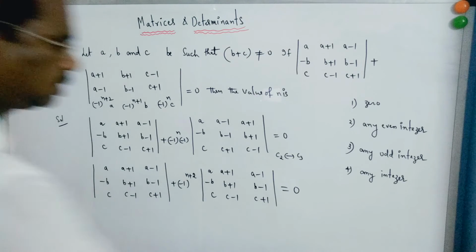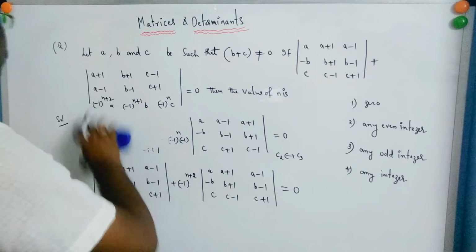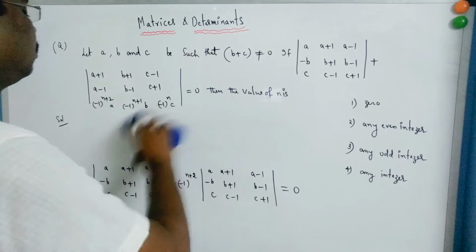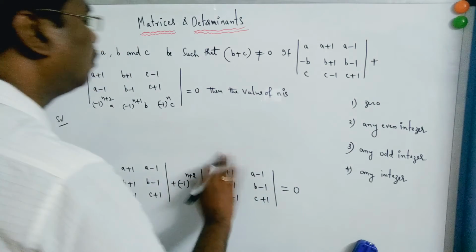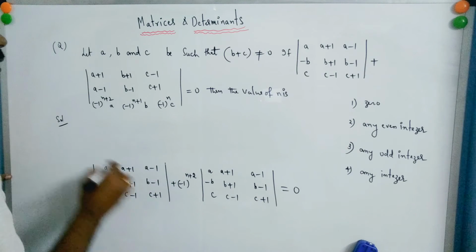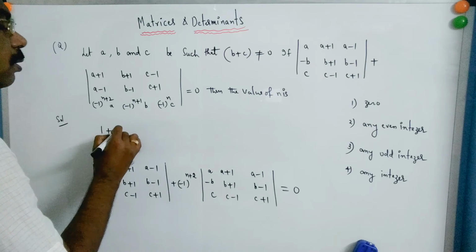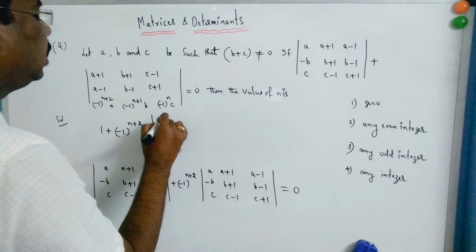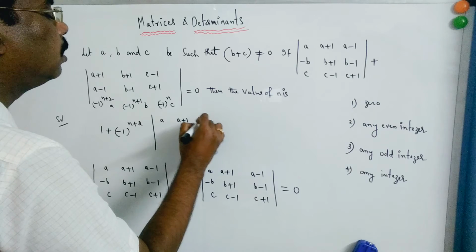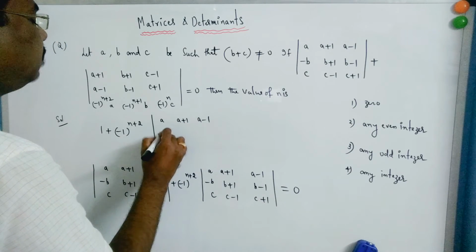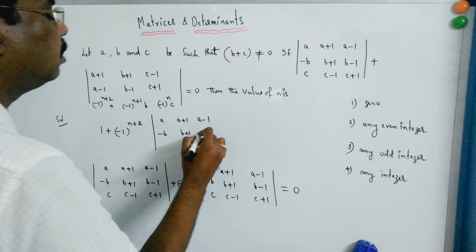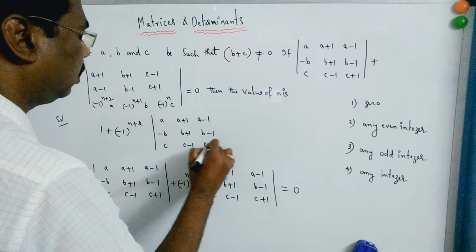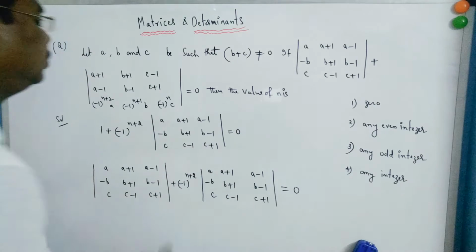Now here common 1 plus minus 1 power n plus 2, now det of A plus 1, A minus 1, minus B plus 1, B minus 1, C minus 1, C plus 1 is equal to 0.